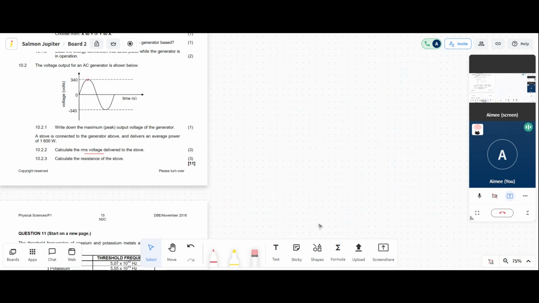The next question, 10.2.3, asks you to calculate the resistance of the stove. Okay? Now, they've given you power, you've calculated VRMS, and you want to know resistance.